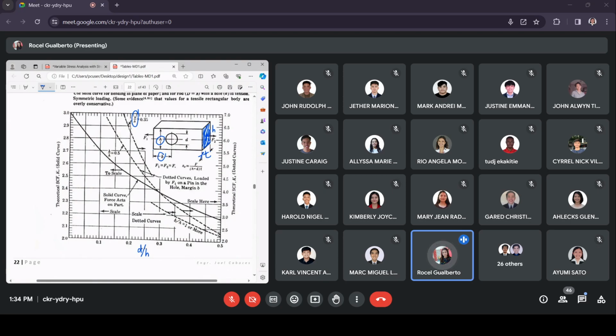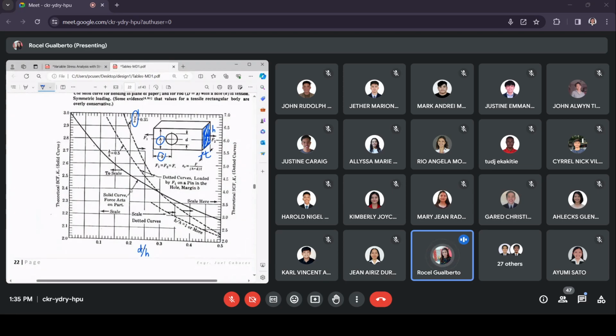For the dotted curves, you have here loaded by F1 on a pin in the hole margin B. Meaning the force is applied exactly at the hole or the pin. So this is where our loading is applied. Whereas for the solid curve, the forces are applied on both ends of your plate.